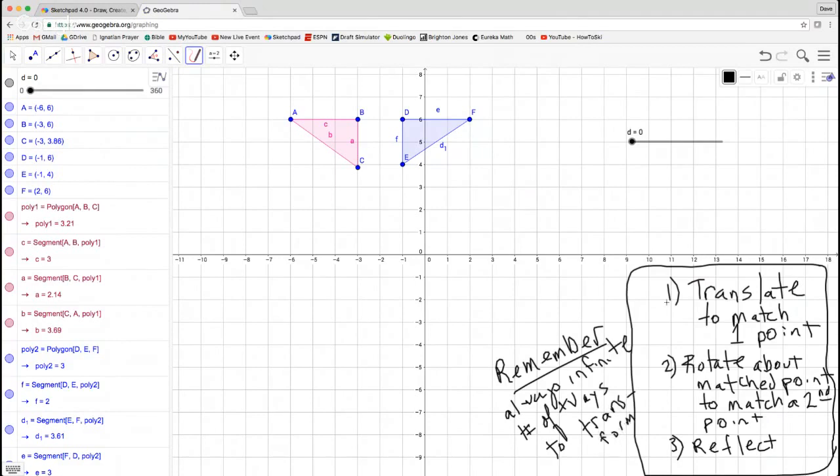But this strategy here will always work.